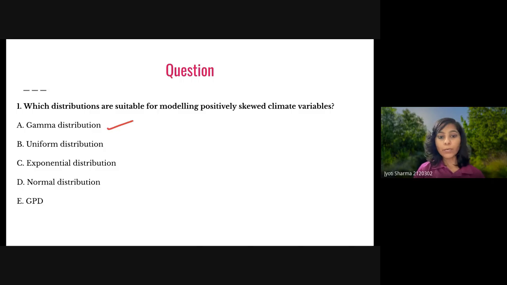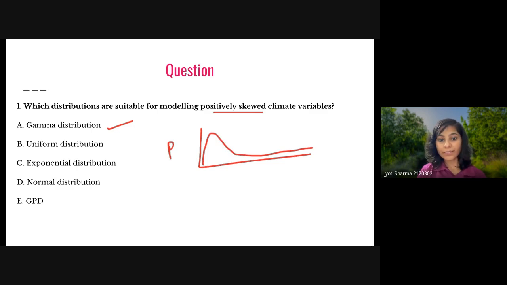Okay, so what is positively skewed? Positively skewed is like this. This is your probability density function. You have positive values. Let's say this is 2 mm, again just an example, this is 30 mm, and here it is 100 mm per day.